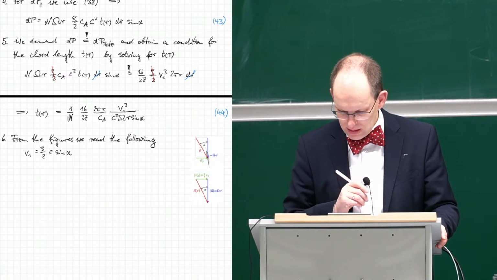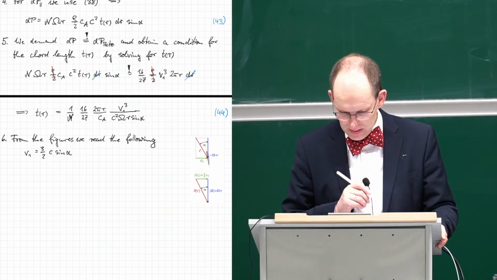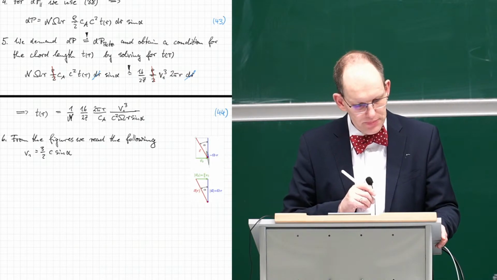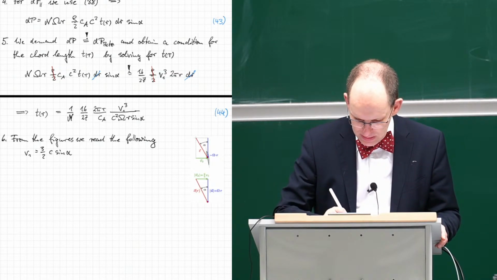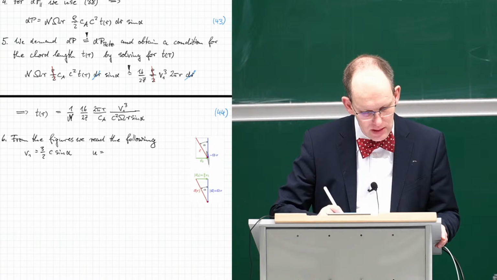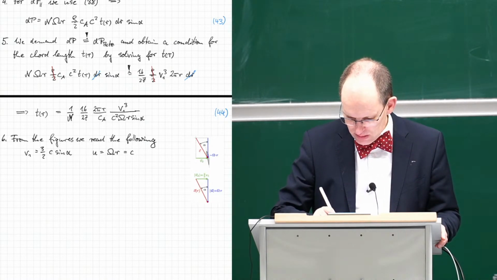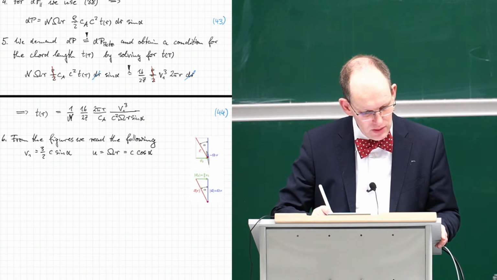This you see at the second figure. And what we also see is that U, defined as omega times r, is equal to c times the cosine of alpha.